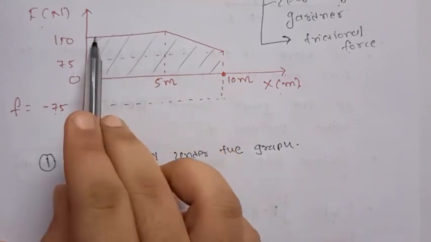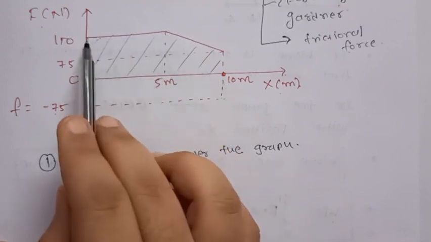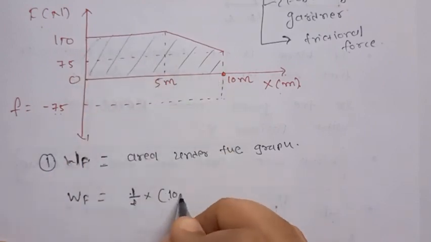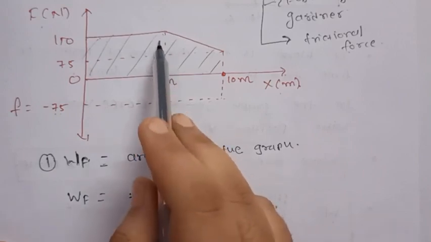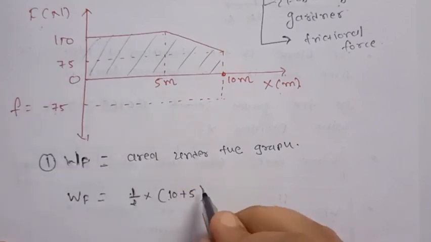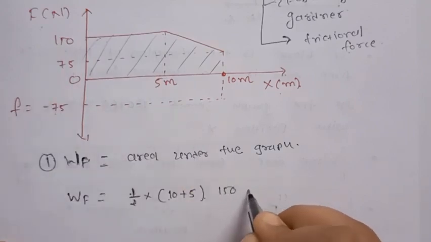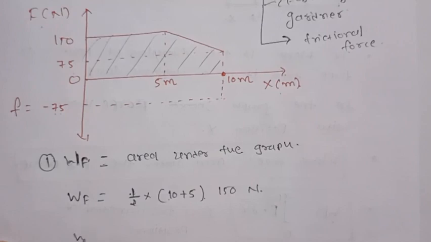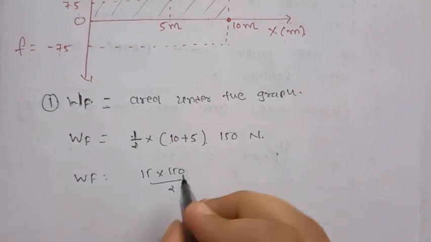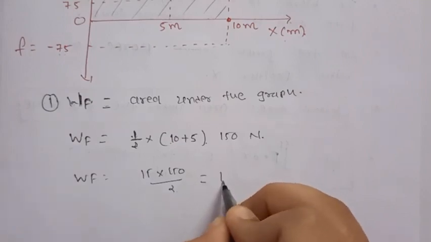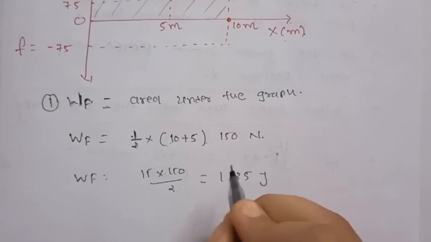These two are parallel sides. This is 10 meter and this is 5 meter. So 10 plus 5 into the perpendicular distance between them. The perpendicular distance is 150 Newton. So work done by the force is 15 into 150 divided by 2. So the work done will be 1125 joules.